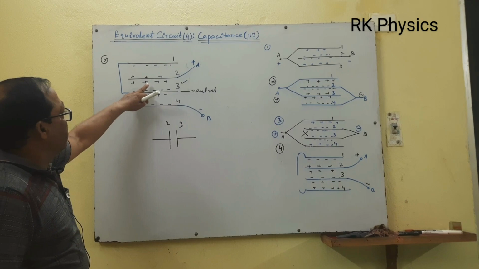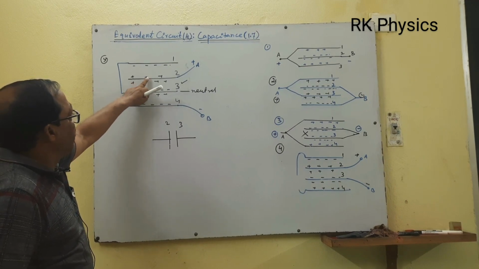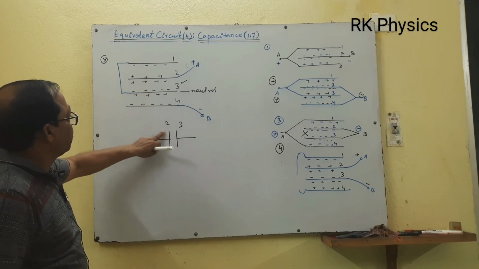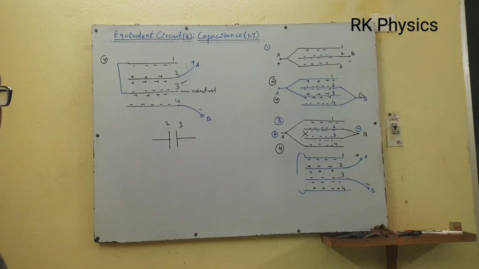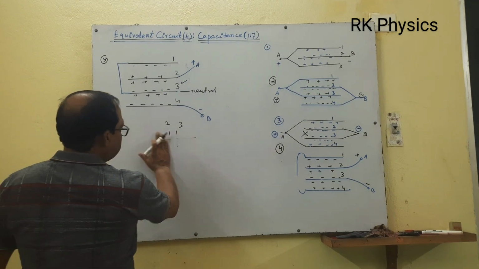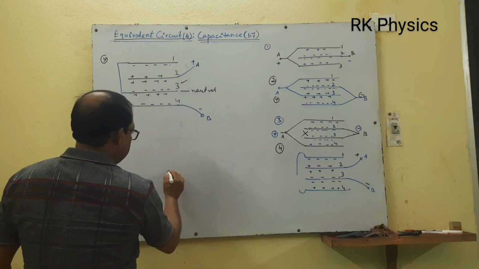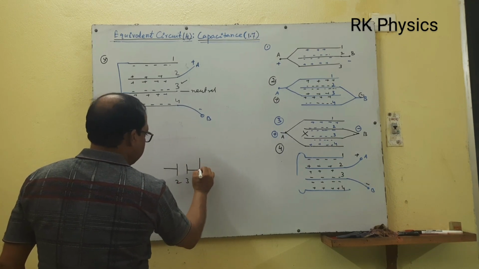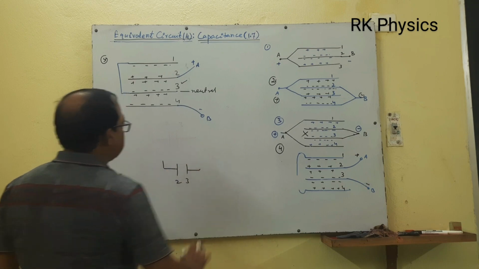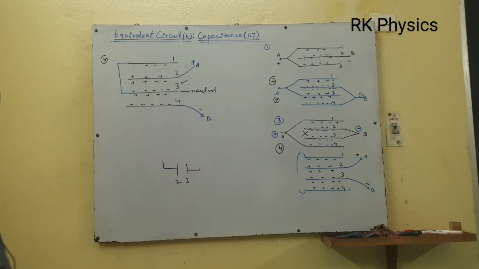So this is plus minus, 2 3. Then I am taking this 2, 3 portion here, lower portion, this is 2, 3. Okay, 2, 3 capacitance.